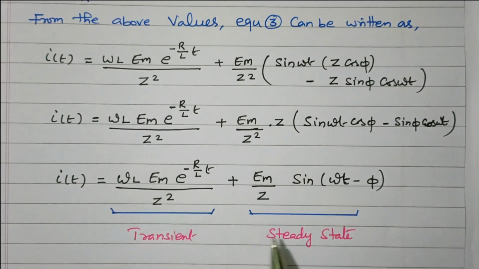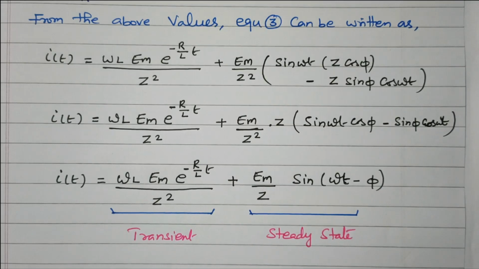This term is called the transient term, and this is the steady state term. So this is the final expression: after substituting from the impedance triangle, we got one more equation that contains the transient as well as the steady state terms.